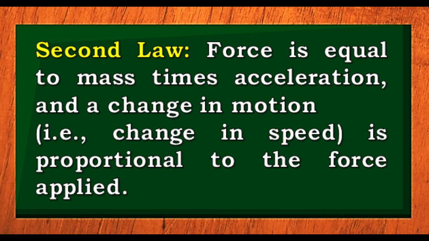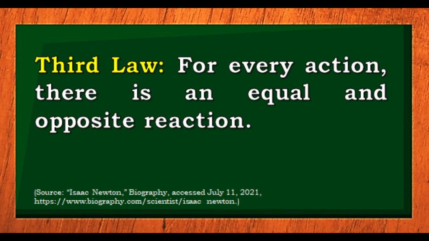Second law: force is equal to mass times acceleration, and a change in motion, for example, change in speed, is proportional to the force applied. Third law: for every action, there is an equal and opposite reaction.